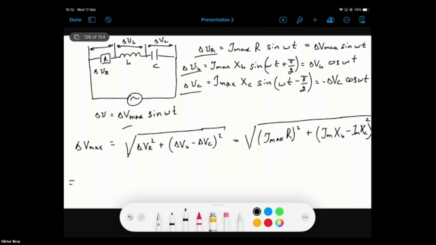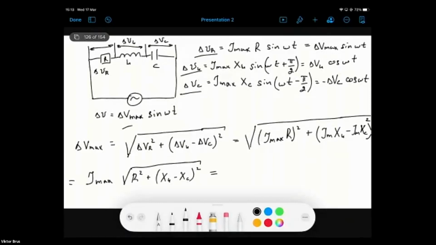Okay, this will be equal, so we can factor out maximum current. We will get I maximum times square root of R square plus XL minus XC squared.